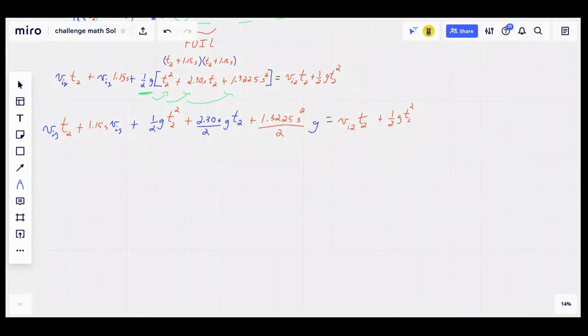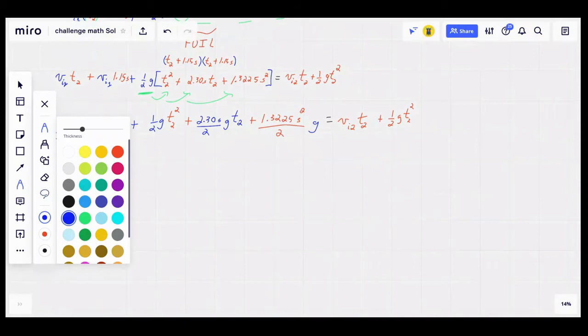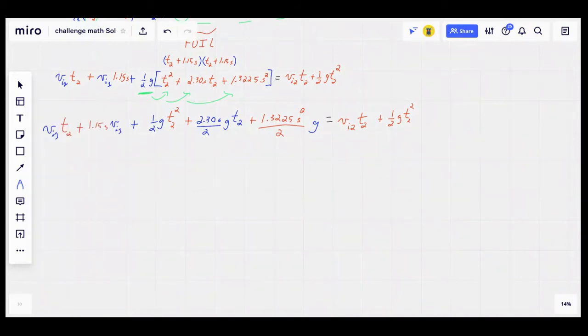I'm going to do a little bit of simplification here. So 2.3 divided by 2 is really 1.15 seconds times gravity times T2, plus 1.3225 seconds squared divided by 2 comes out to 0.66125 seconds squared times gravity.